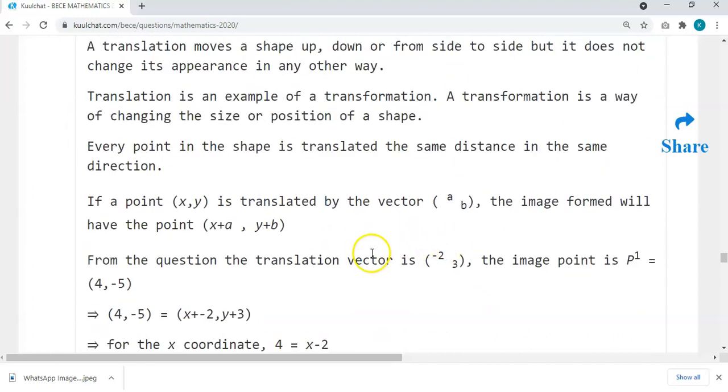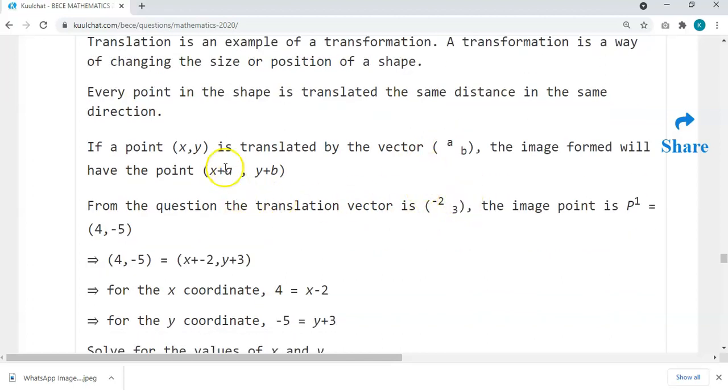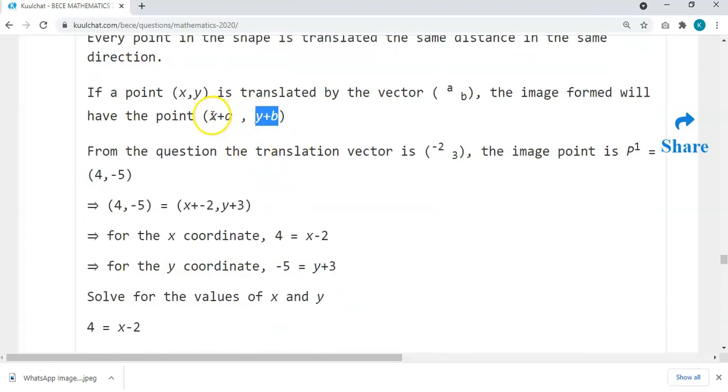If the vector translates a point, then the image is x plus the top vector for your x value, and y plus the bottom vector for your y value. Here we are given our image, so these values should be equal to our image, but we don't know our x and y. That's what we were asked to calculate.